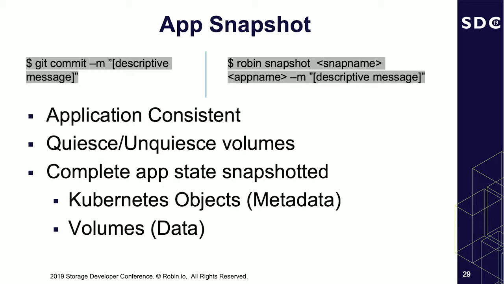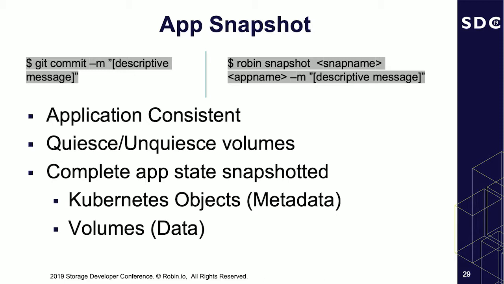Underneath, a lot of things happen. There is a consistency volume group for all the volumes. It also talks to Kubernetes about which objects are used for this particular application, takes a snapshot of both of them, and saves them in one shot, which becomes an application snapshot.